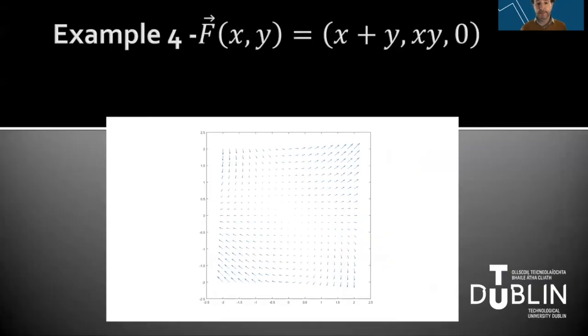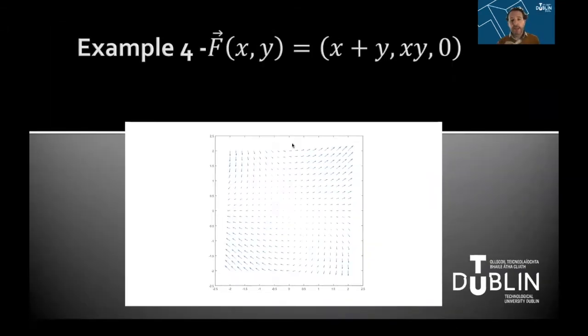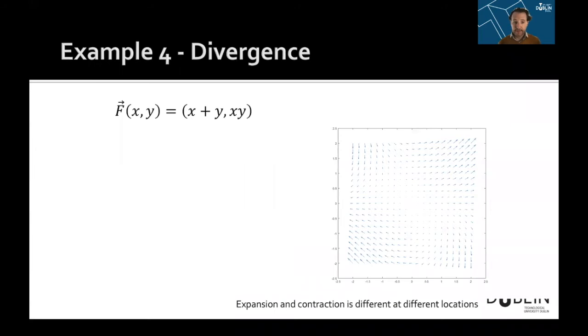Our last example. We have our vector field F(x, y) = (x + y, xy). So as I said before, this is complicated. You can't say, is that expanding there? Is that contracting? What's happening? So we do the differentiation.